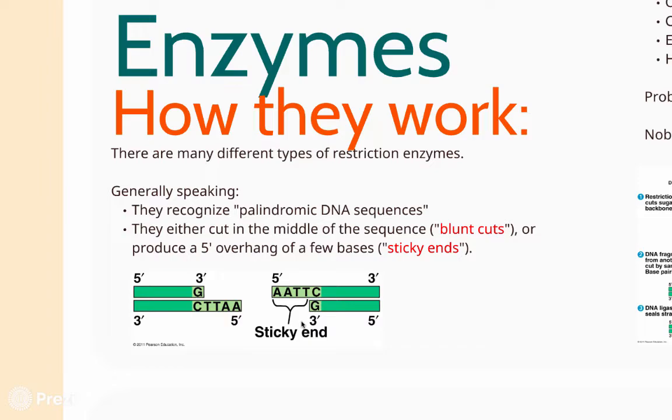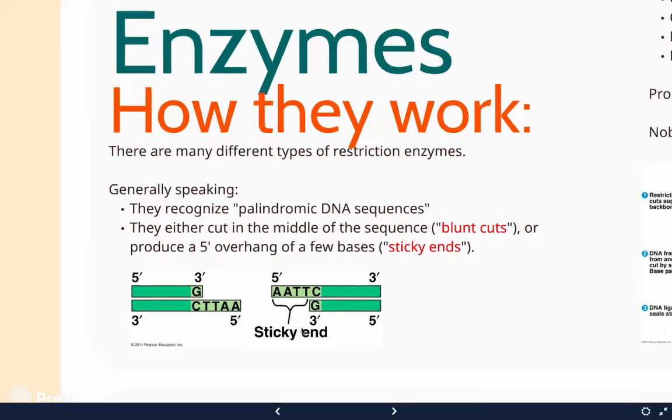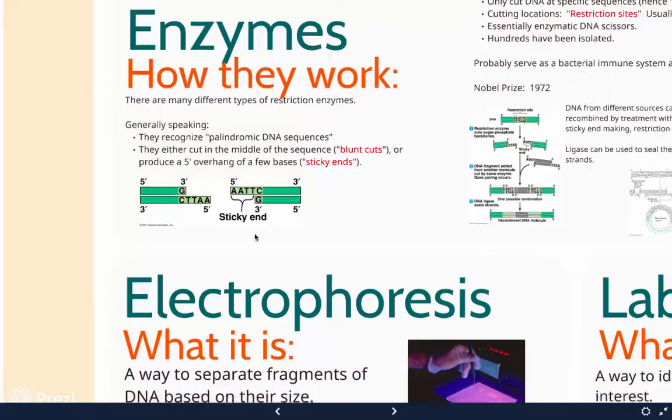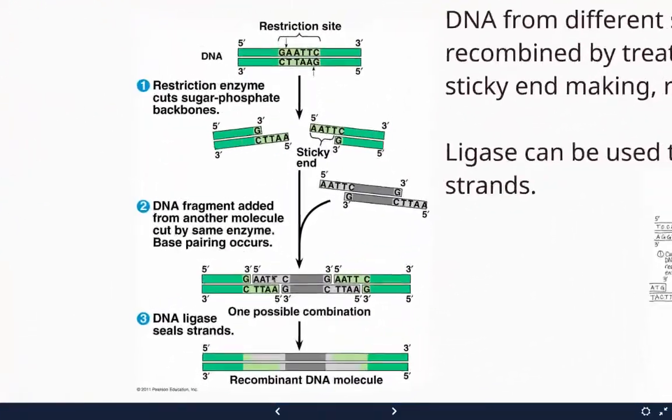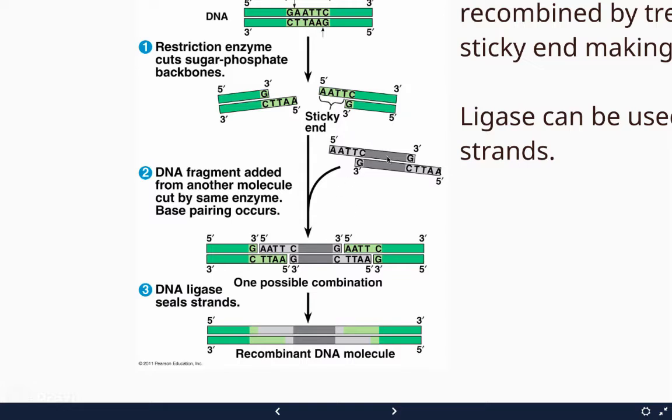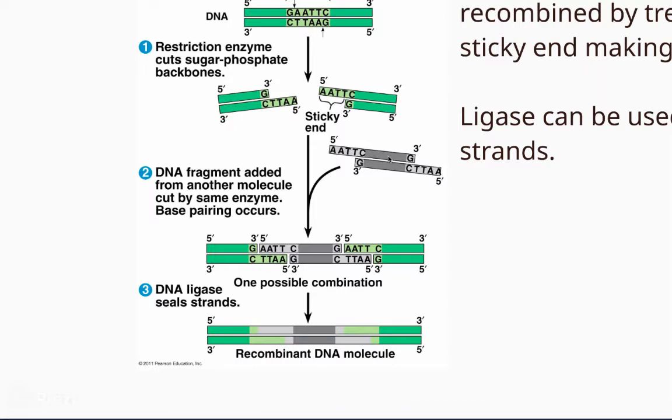How you would do that is you would take a restriction enzyme, cut open the plasmid, and take the insulin gene, which in this slide would be the dark gray area here. It's a gene, lots of DNA bases that codes for insulin, and you digest it with the same enzyme.